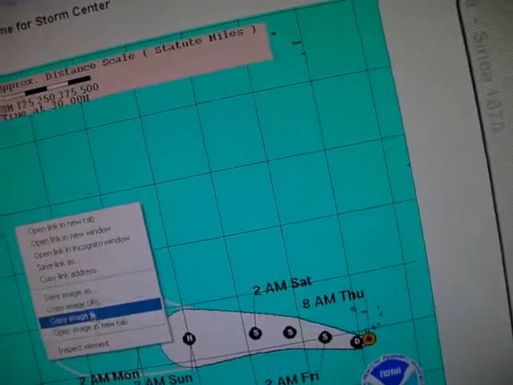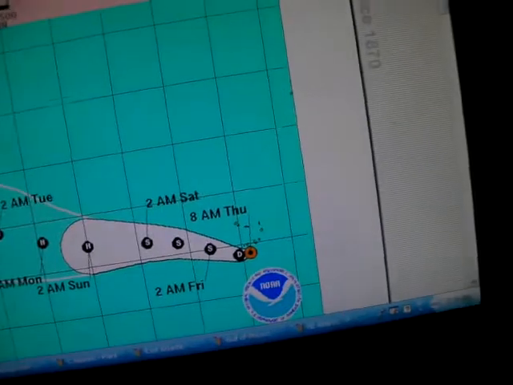Okay, now we're going to look at the projected path from Igor.